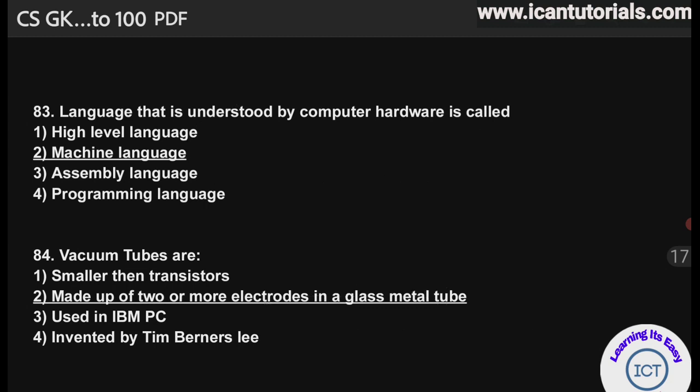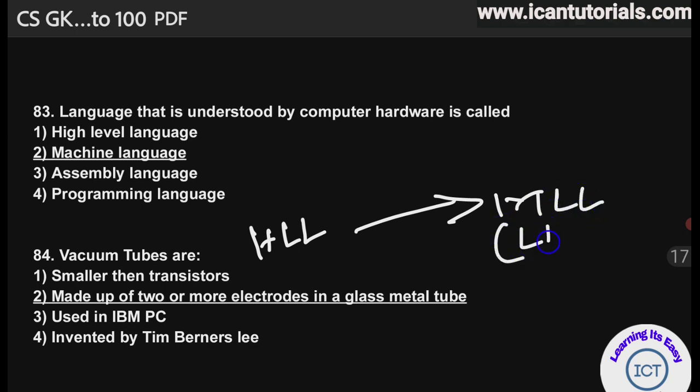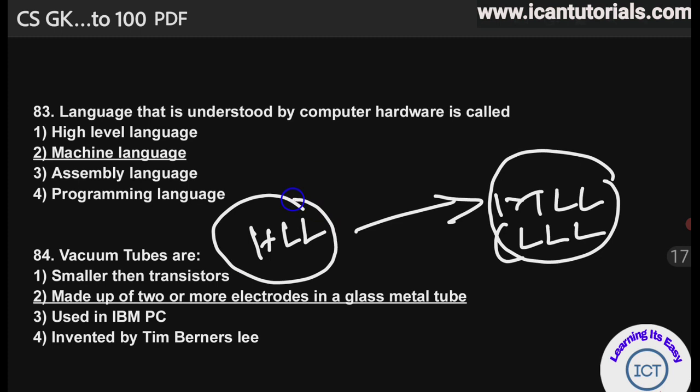Whenever we write a program in a high level language, which is like English, it will be converted to machine level language, also called low level language. This machine level language will be understood by the machines or computers. The high level language is where we write the instructions or code or program.